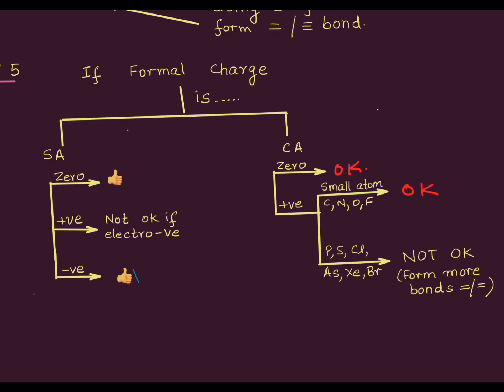This is what I had explained to you in the chart that we had drawn. What did I say? That if you have the central atom with a positive charge, if it's a small atom, that means an element in the second period, carbon, nitrogen, oxygen, fluorine, then it's okay.